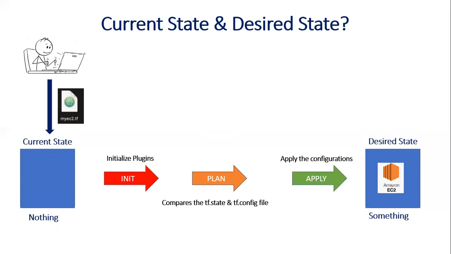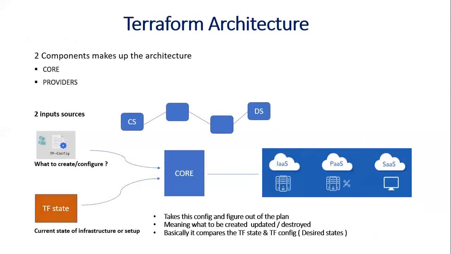When you do a Terraform refresh, it refreshes your infrastructure, checks that there is no other update in your environment, and gives you an updated state. The main thing to understand is what the desired state is and what the current state is, and the two components available in the architecture.